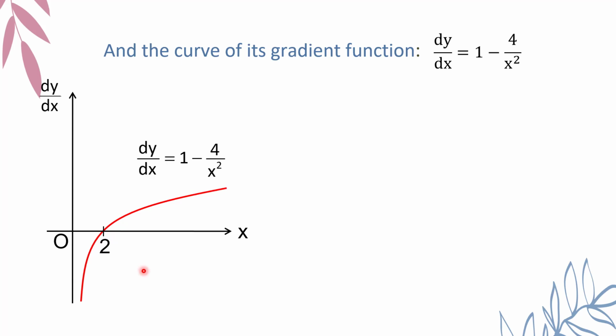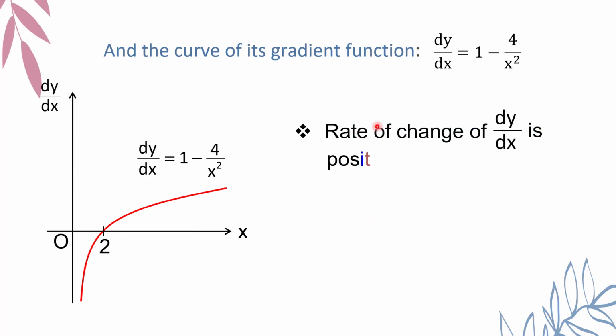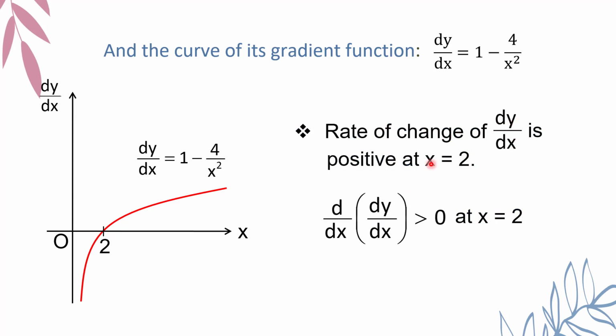For this curve, we can observe that through x equals 2, dy/dx increases as x increases. And we can say that the rate of change of dy/dx is positive at x equals 2, or, using the symbol, the second derivative is positive at x equals 2.